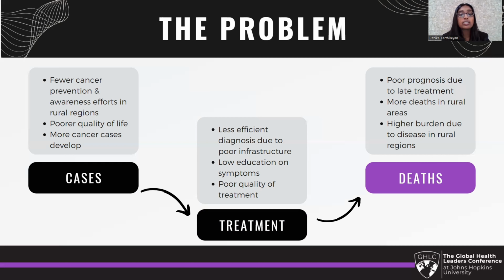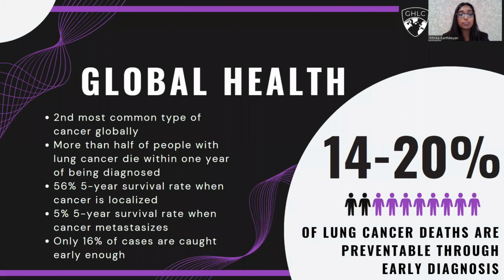As you can see, differences in the resources available really do have an impact on the way that cancer develops and is treated in underserved regions around the world. And because this has such an impact on the international community, we can classify it under the umbrella of global health.